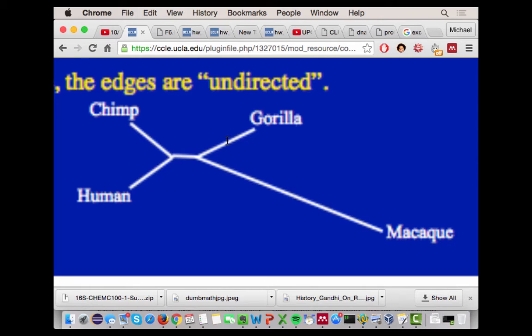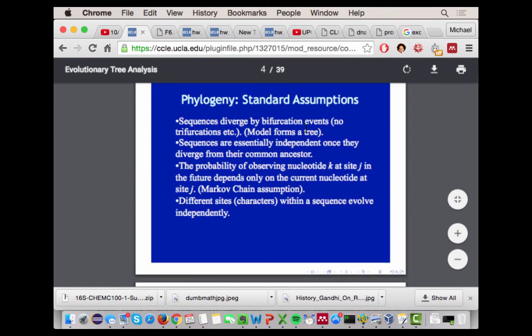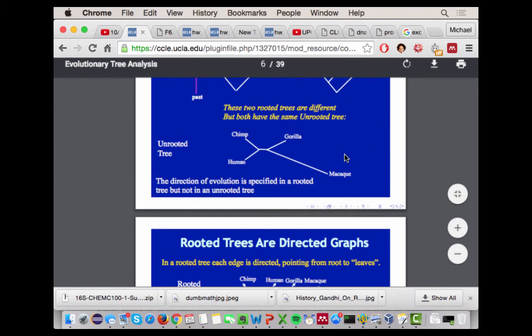MCA. Yeah. Did you have an example of MCA with an unrooted tree? I don't know if he did it on the board or in class. If the macaque is just as far away as the gorilla, if that length is the same, look at that.